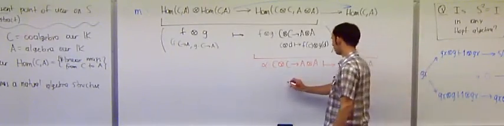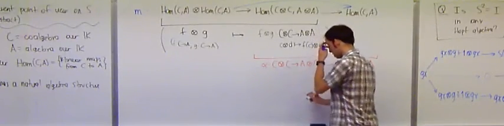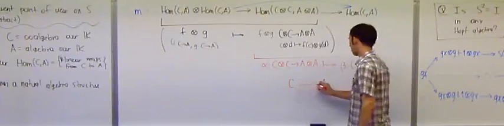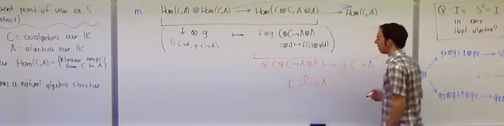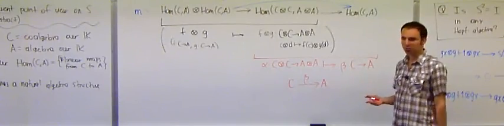If I want to go from C to A, this is the map I want to define, and I want to use my coproduct structure on C.